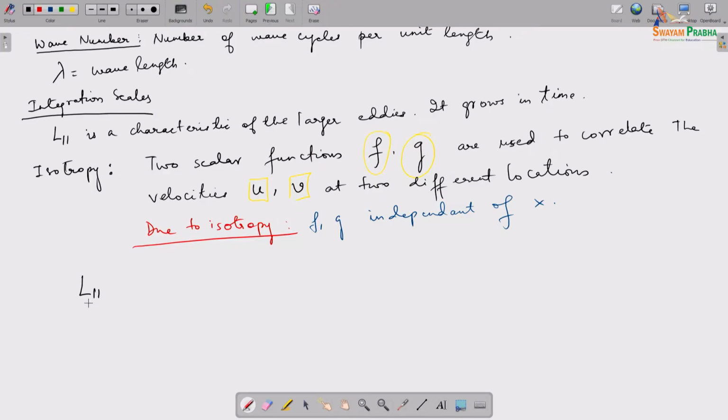Then L11 is a length scale. So basically I am going to integrate.